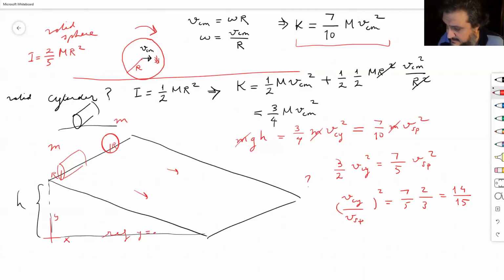So this will tell you actually which one is faster when it reaches the bottom, right? With this speed ratio, you know which one's faster.